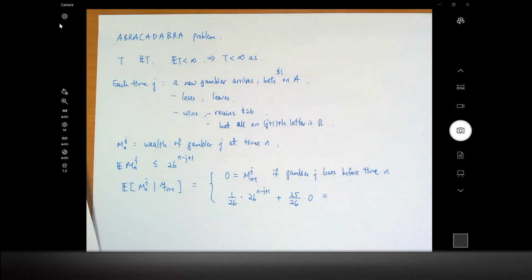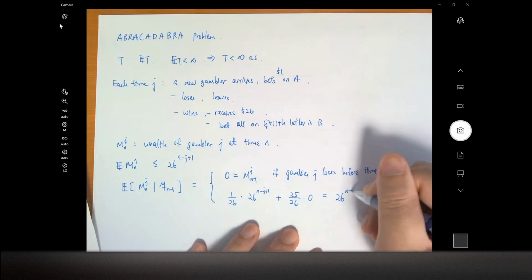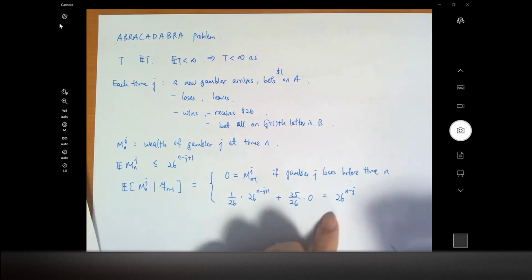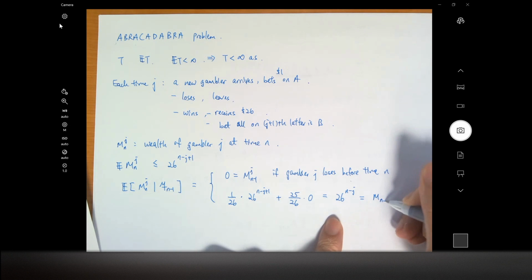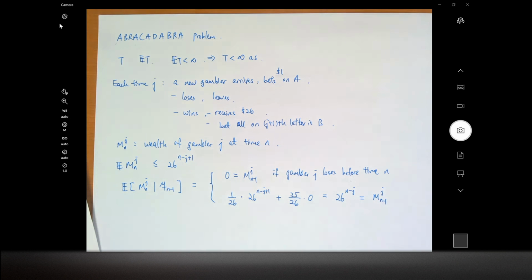So this will be equal to 26 to the power n minus j. And indeed this is the wealth because he hasn't lost before time n. So he will accumulate the wealth all the way up to time n minus 1, which is this wealth, Mj of n minus 1.